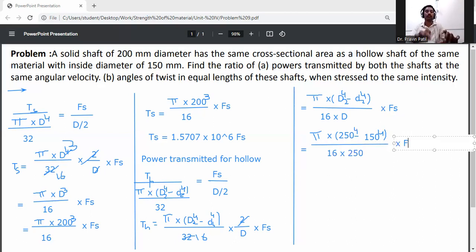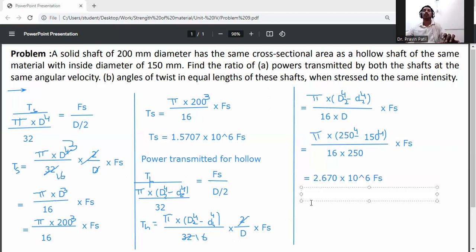In terms of Fs, this value will be 2.670 into 10 raised to the power 6 Fs.